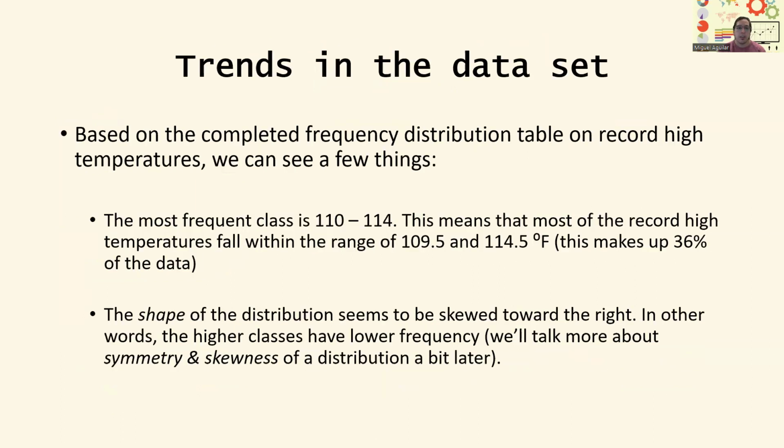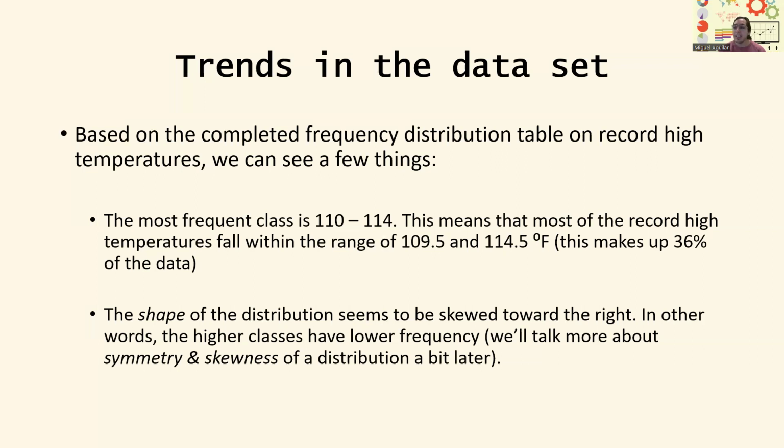Okay. So based on the completed frequency distribution table on record high temperatures, we can see a few things. Like the most frequent class is 110 through 114. This means that most of the record high temperatures fall within the range of 109.5 and 114.5 degrees Fahrenheit. That makes up 36% of the data.